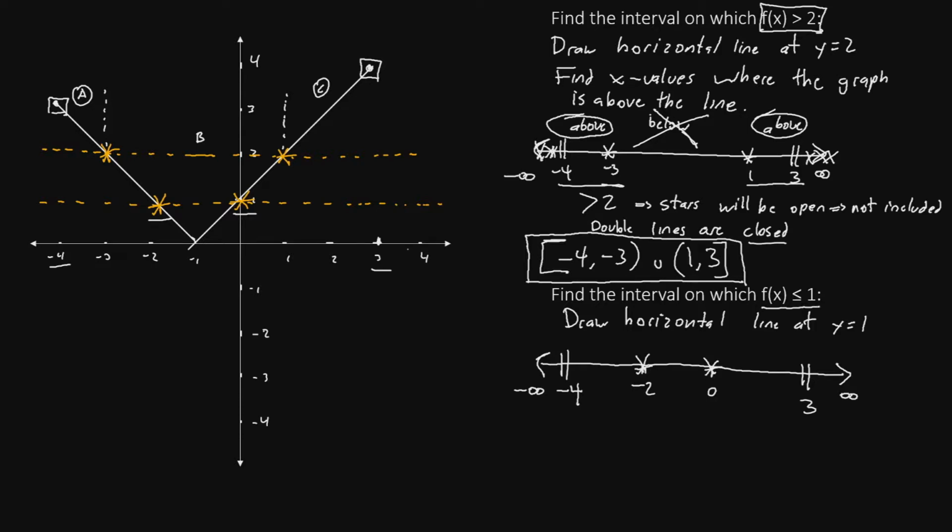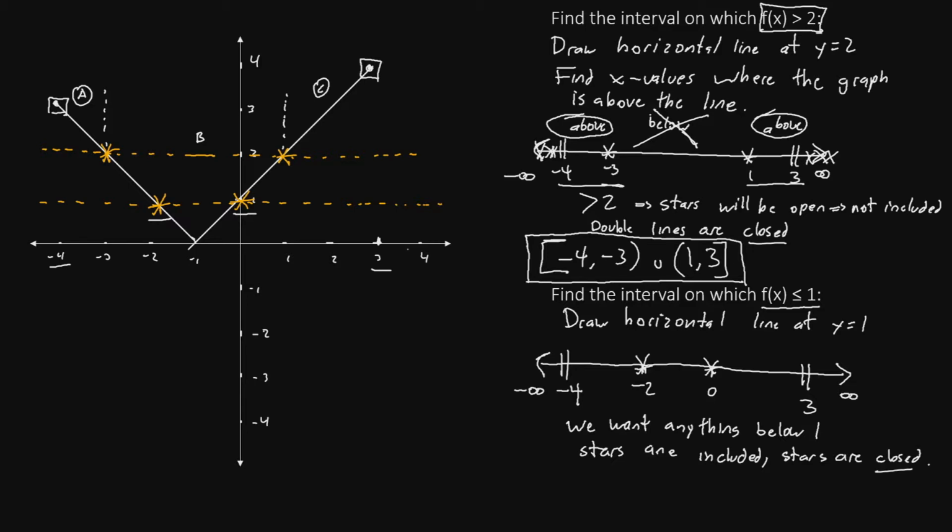The inequality says we are looking for anything that is below the 1. Now, since the inequality says less than or equal to, that means that anything that is a star is included. Therefore, the stars will be closed this time.